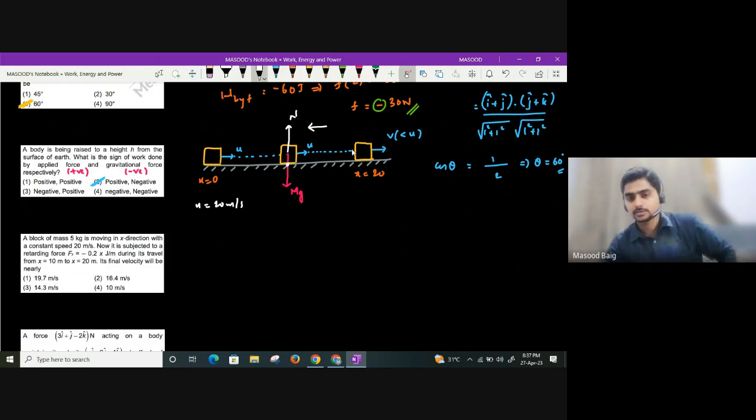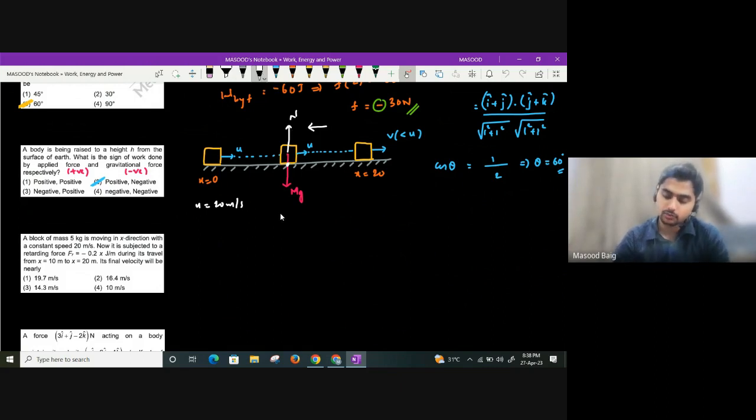How is the displacement? In the x direction. Weight is acting in the y direction. So will there be any work done by weight? No. In the same manner, where is normal reaction acting? In the y direction. Here force and displacement are perpendicular. Will there be any work done by normal reaction? No.